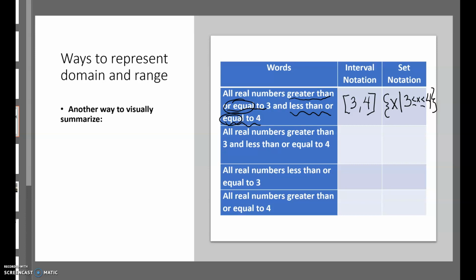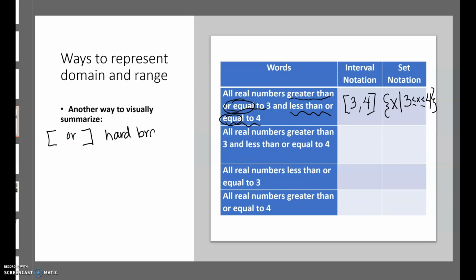So another way to visualize is we have a hard bracket. So again, this is a hard bracket. I'm going to erase the parenthesis because that's going to be confusing in a second.